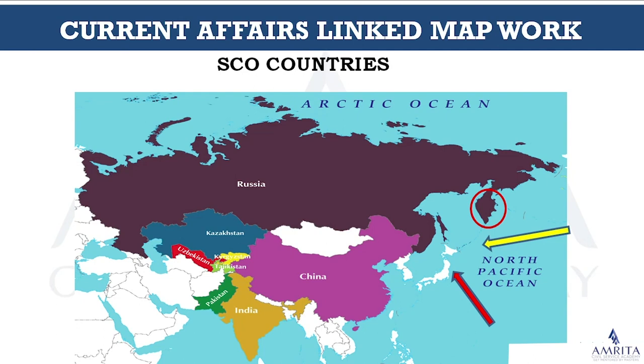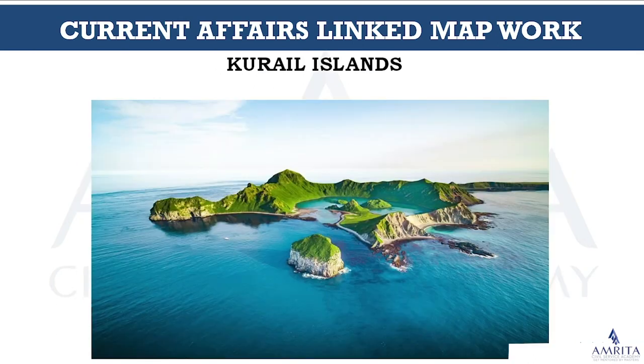On this map, you can see two markings here. One, the circular marking, it's a peninsula region, that is Kamchatka Peninsula of Russia. Then a yellow arrow shows some islands, that is Kuril Islands. Then red arrow shows Japanese islands, that is Japan. Next one is the Kuril Islands.